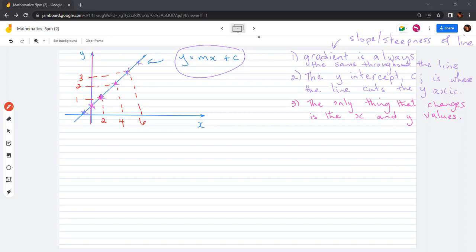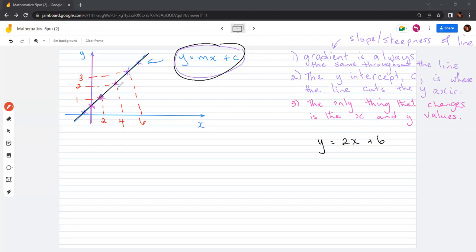Now, what we have to recall is that every equation of our line, if it's a straight line, is going to be in the form of y is equal to mx plus c. Remember, your equation of your line could be y is equal to 2x plus 6.